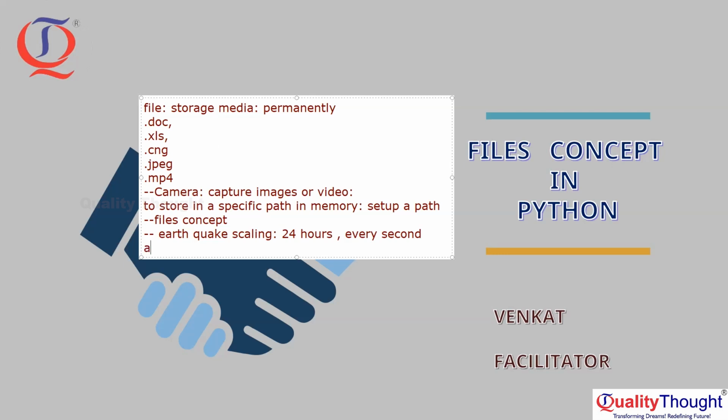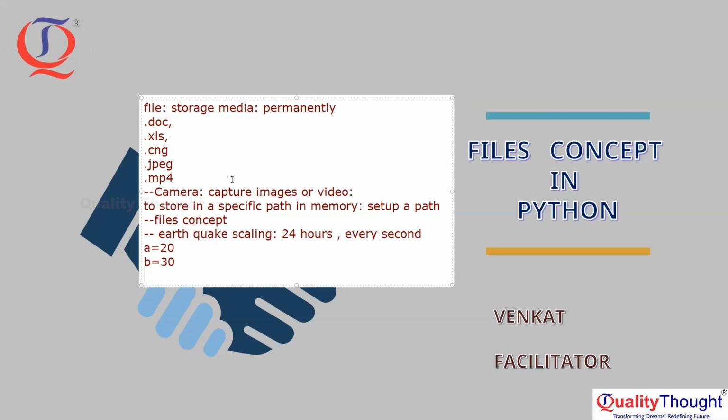Whenever you write a program, let's suppose A is equal to 20, B is equal to 30, and if you print A plus B, it will give you the summation of A and B. Once the output is seen, and if you close the command line, the output will not be seen at a later point of time. So therefore, with the files concept, every output will be stored into a third-party file that can be referred to at a later point of time.